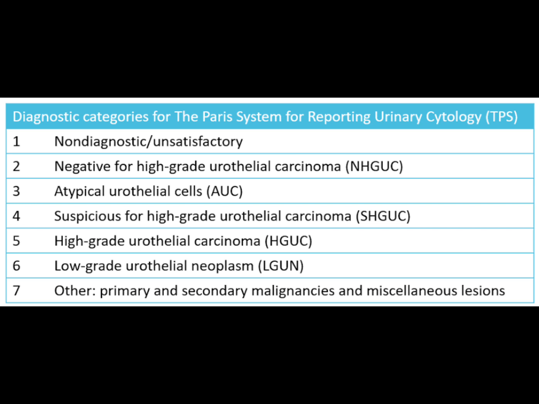The third, when your urine cytology shows atypical urothelial cells, that is called atypia. The fourth, when there are a high number of suspicious urothelial cells present, that is called suspicious. And when there are a high number of urothelial cells, we call it malignant. So that was all about urine cytology.